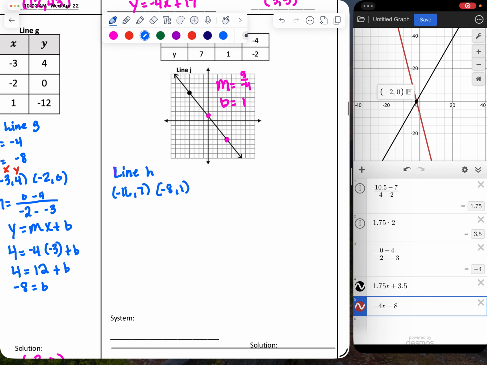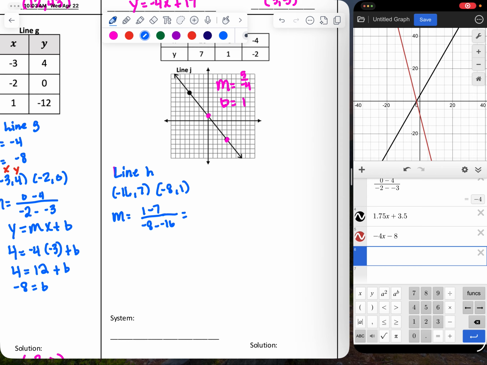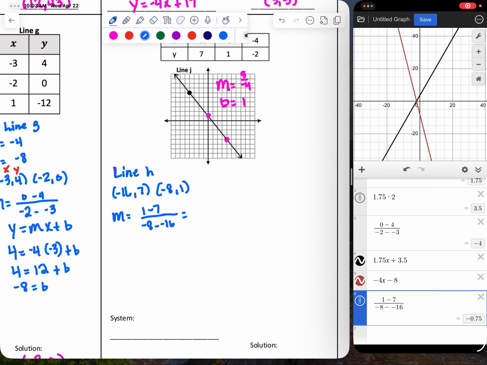And then I got the slope, which was 1 minus 7 over -8 minus -16, which was 1 minus 7 on top and negative 8 minus negative 16 on the bottom. And written as a fraction, that would be an m of negative 3/4.